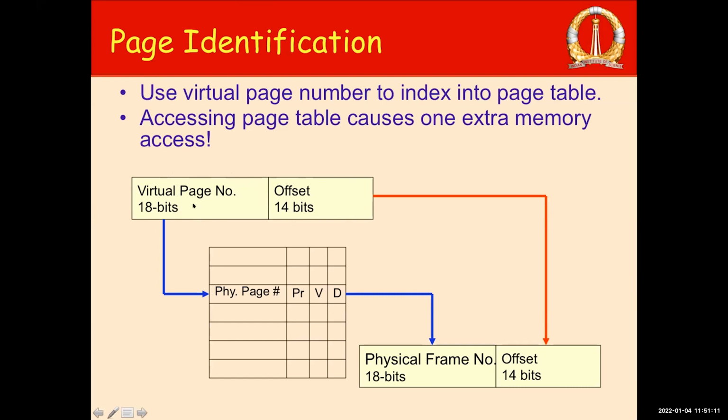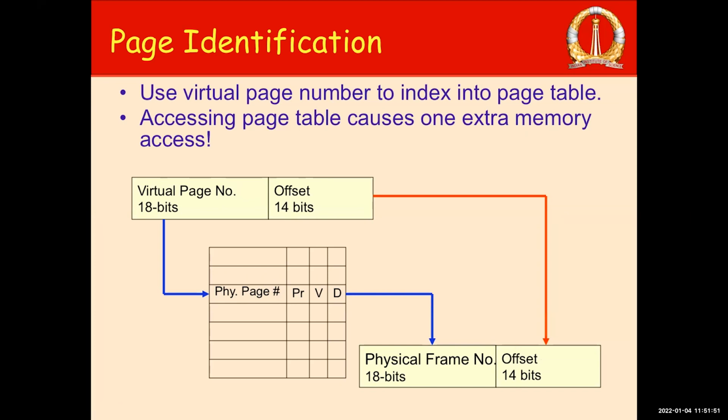For each page, there is an entry in the page table that tells you, if the page has been allocated in the main memory, what its physical page number is. By indexing into the page table of that process with the virtual page number, you find where the page exists in physical memory. You then concatenate this physical page number with the offset, and that gives you the address in the physical space where this location can be found.